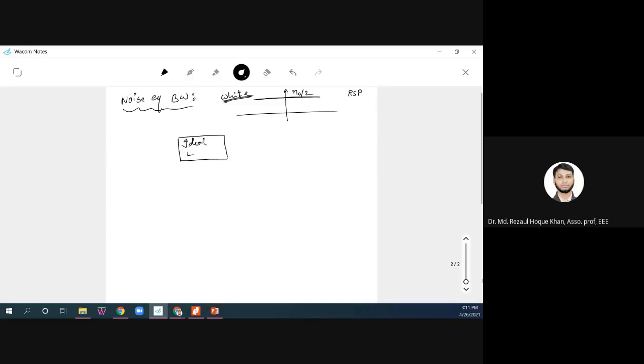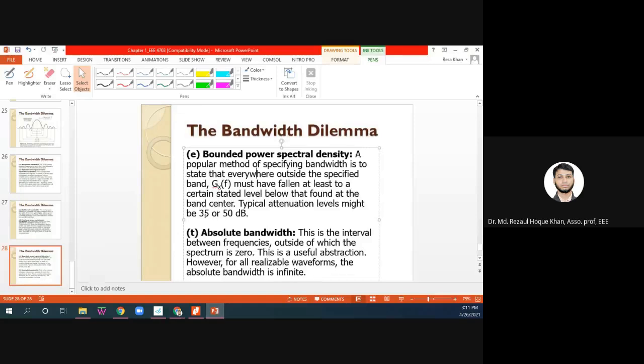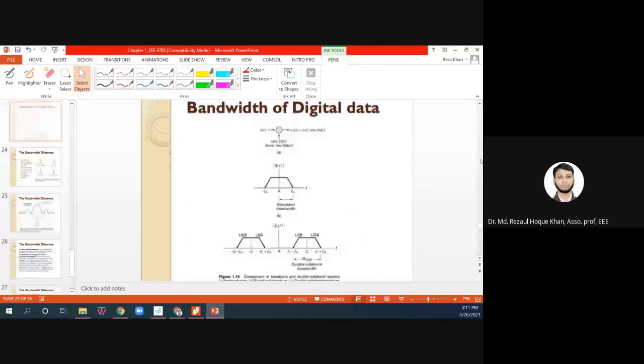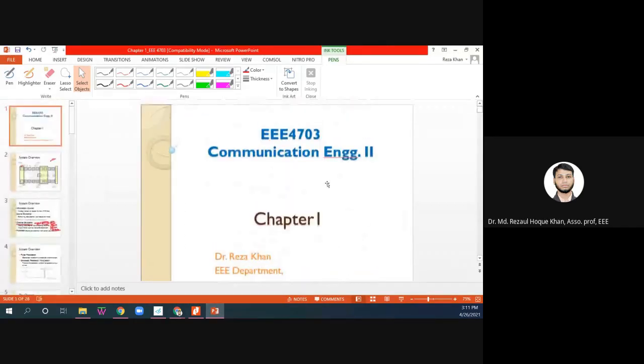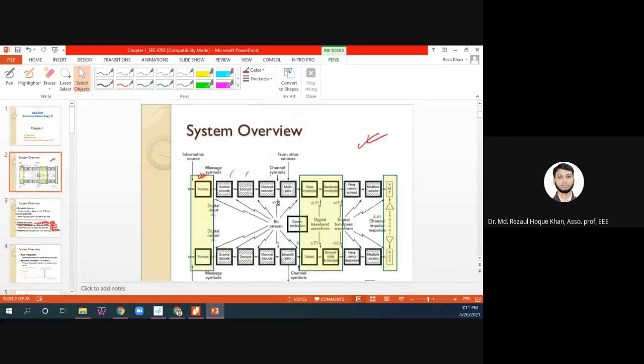Ideal low pass filter. Where will we be using this ideal low pass filter? We'll be using this ideal low pass filter in this block diagram. Remember, I gave you this block diagram here. Filtering.